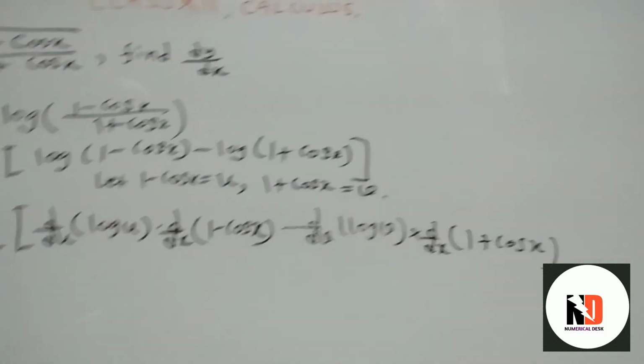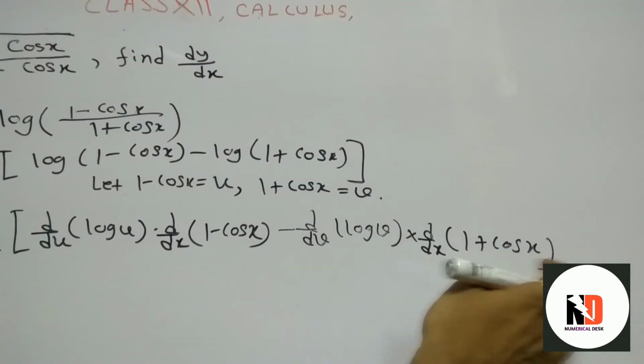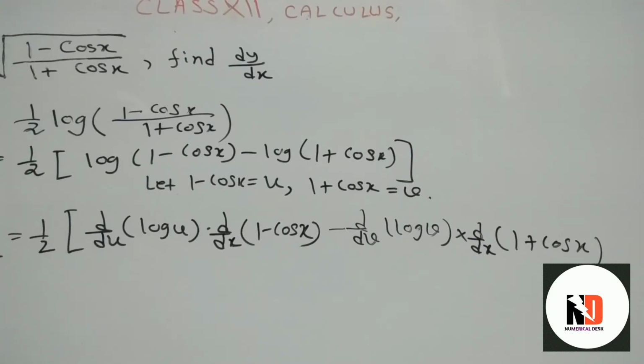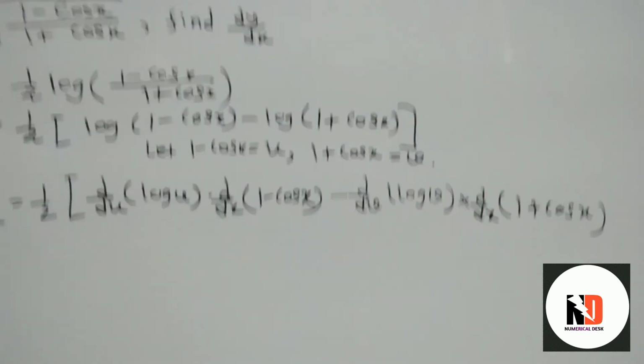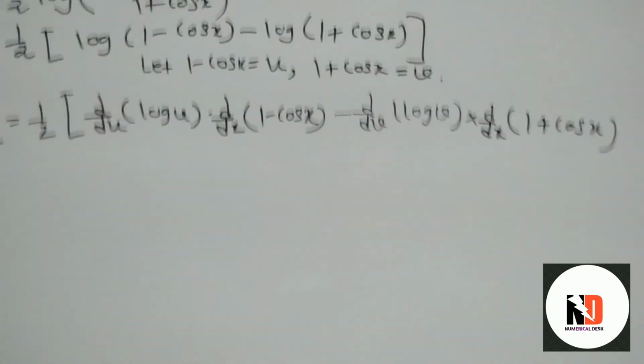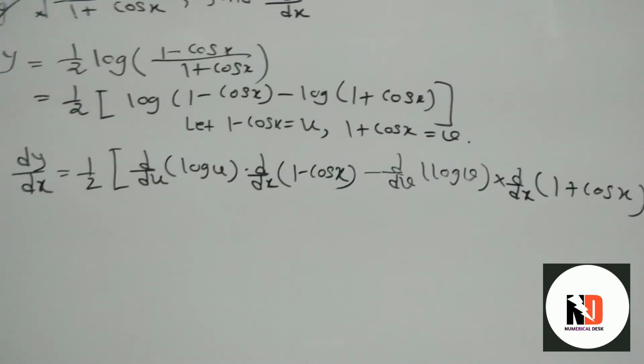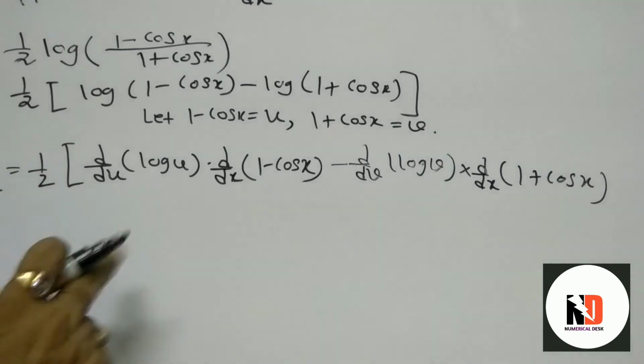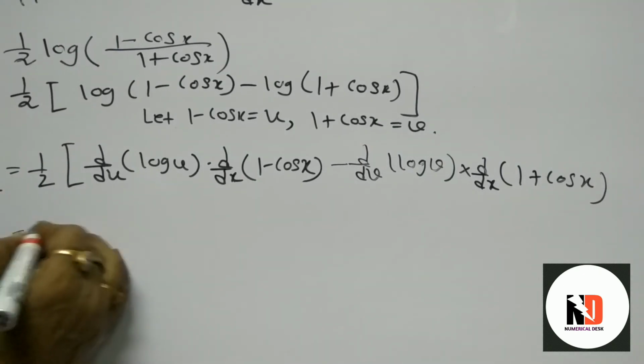So this is the principle of the main chain rule. Anything you substitute, you have to multiply by its differentiation. So get the differentiation of the part you have substituted. So this is the continuation in the chain rule. Just keep it in mind, very important.